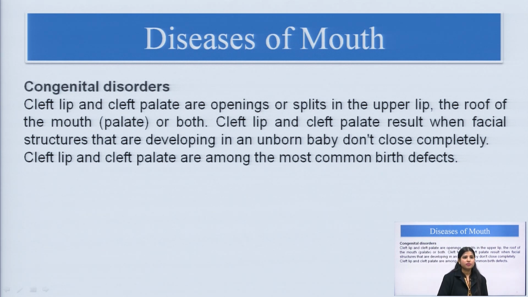Now, coming to some congenital disorders. There are many disorders in the mouth, esophagus, small intestine, large intestine. We are covering here only those which very much come up in the books or are very much used in the literature. So, congenital disorders, here we are talking about diseases in the mouth. The congenital disorders we see in babies are cleft lip or cleft palate.